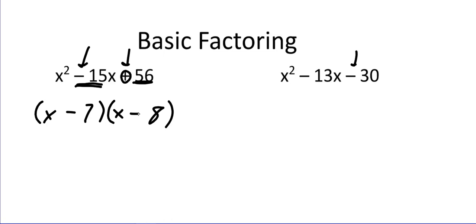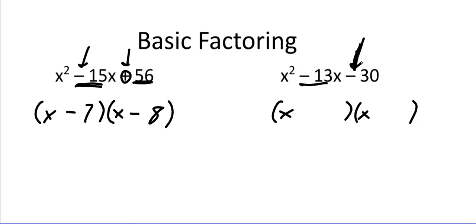Okay. Now, if this symbol right here is negative, the only way to get a negative number in that multiplication I just showed you is if one of the numbers is positive and one of the numbers is negative. This is going to tell me that I want the larger of the two numbers to be negative because I want leftover negatives when I combine them. So again, I'm looking for two numbers that multiply to give me 30 that differ by 13.